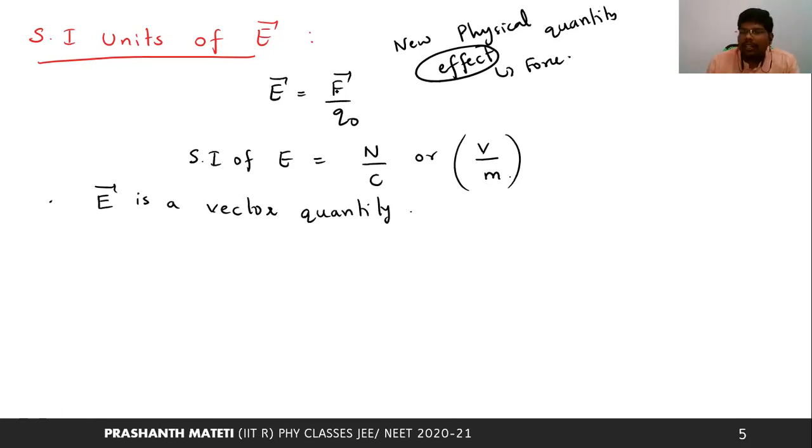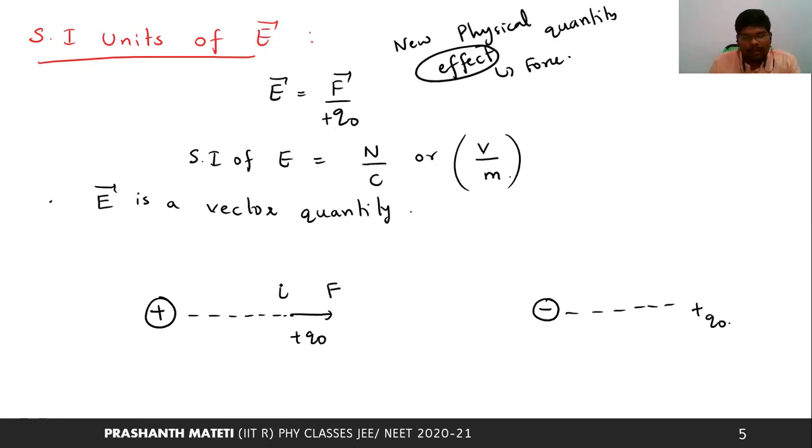Generally, if you take a positive charge, that is a source charge. If you take a negative charge, that is one more source charge, and to test it we put a small positive charge. In this case it experiences force in this direction. Since the test charge is positive, E and F are in the same direction.